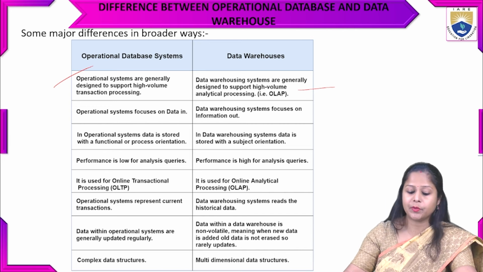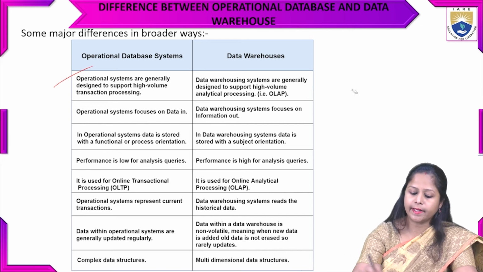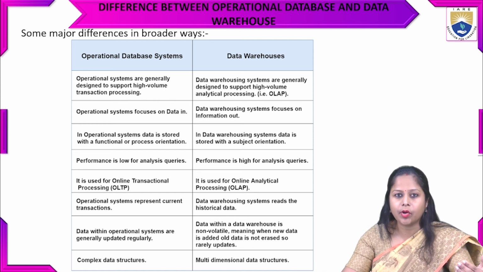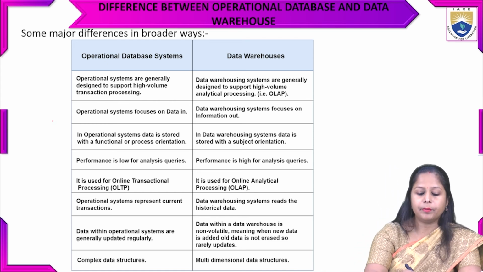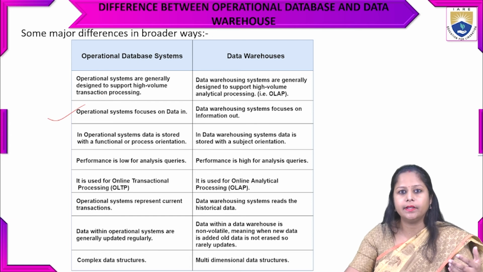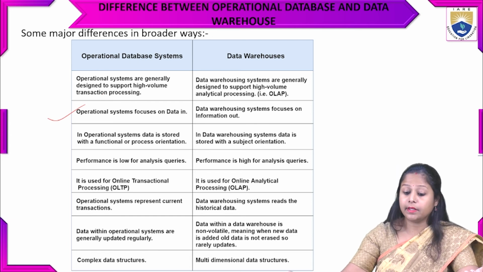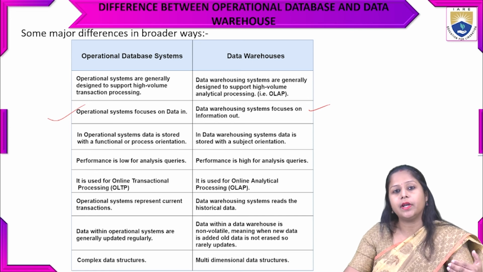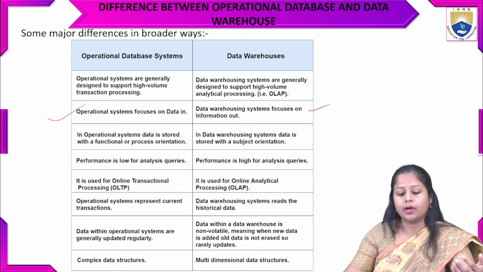That is transactional processing versus analytical processing, because we are going to apply some operations on that. The operational database system focuses on how the data is going in, but the data warehouse focuses on how the data is going out.